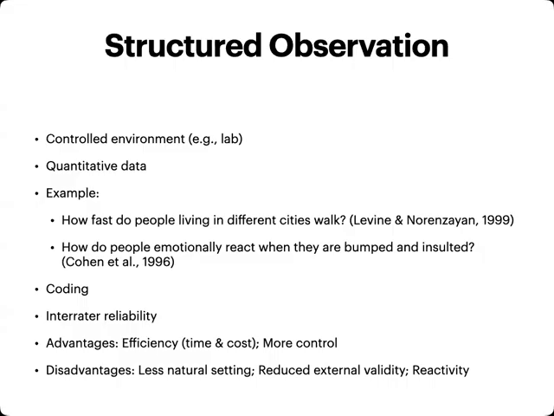To maintain consistency, these behavior definitions must be precise so that different observers code them in a similar way. This highlights the importance of inter-rater reliability discussed in the previous chapter. Researchers demonstrate this reliability by having multiple raters independently code the same behaviors and compare results.